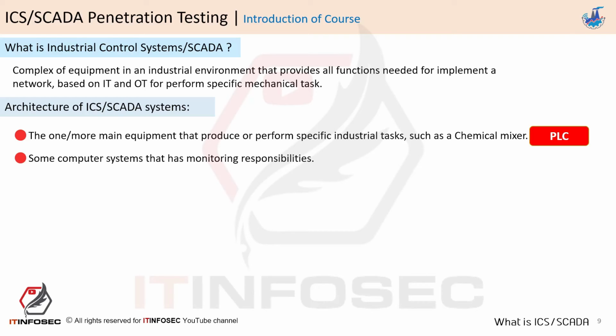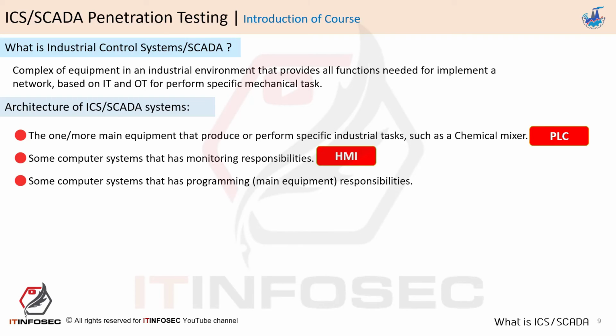Some computer systems have monitoring responsibilities, so you can see how the system works, and whether the system has an error or not. It is called an HMI, Human Machine Interface.